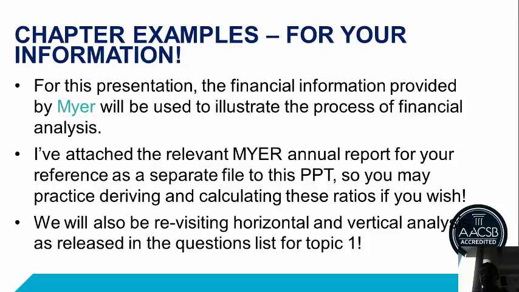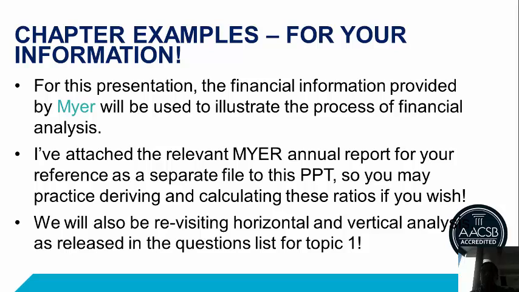I do encourage you to keep that annual report next to you. Refer to where the numbers might come from. The majority of the numbers come from the three financial statements, but some come from the notes as well. And I encourage you to be a bit bold and go out and look for those numbers in the notes, in the attached annual report I've passed on to you by PDF in Slack.